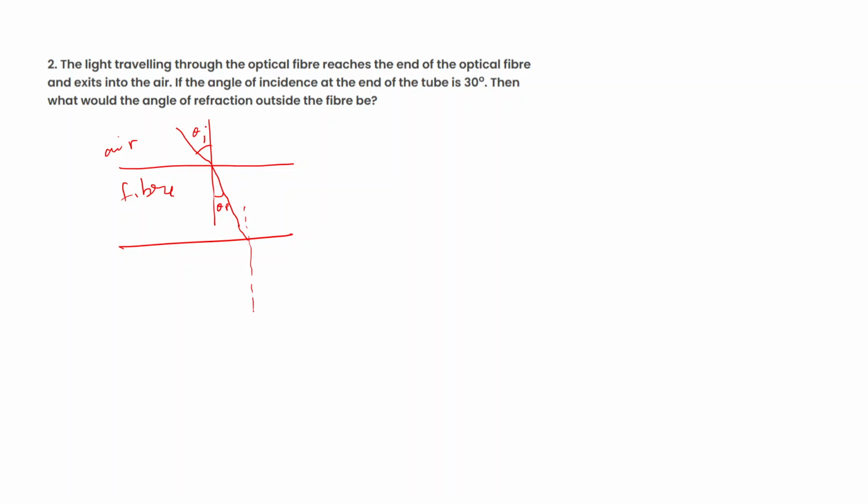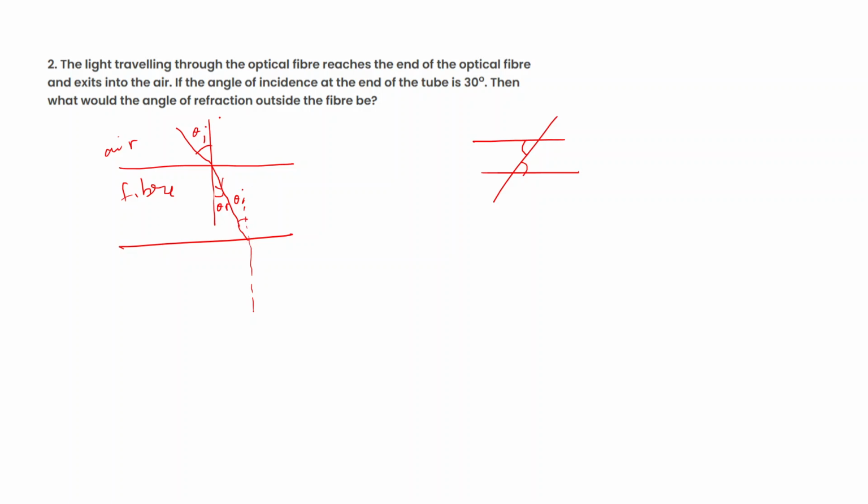Now this theta r on the other side of the material will be theta I, which will be the same, as you know, when we have two parallel lines and a line intersecting, these angles are the same. So for this light, the angle is theta r here, and the same angle becomes theta I.